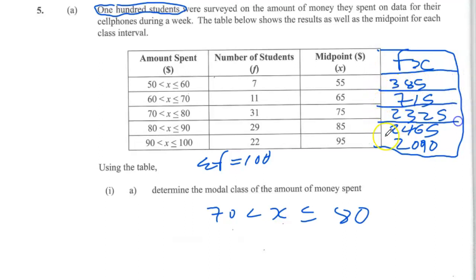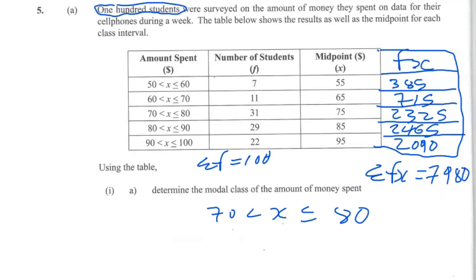And then we sum fx, which is the total of all the values in the fx column. So that's 385 plus 715 plus 2325 plus 2465 plus 2090, and that gives 7,980.